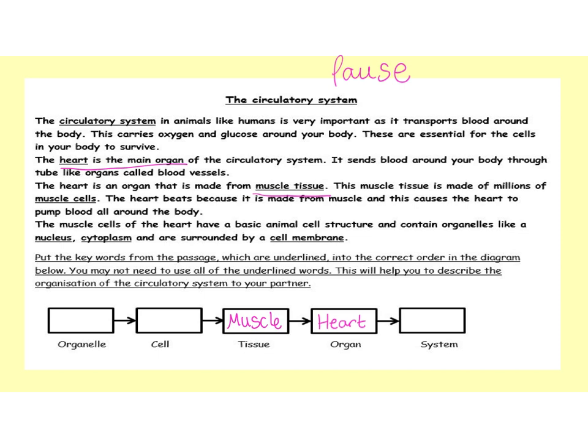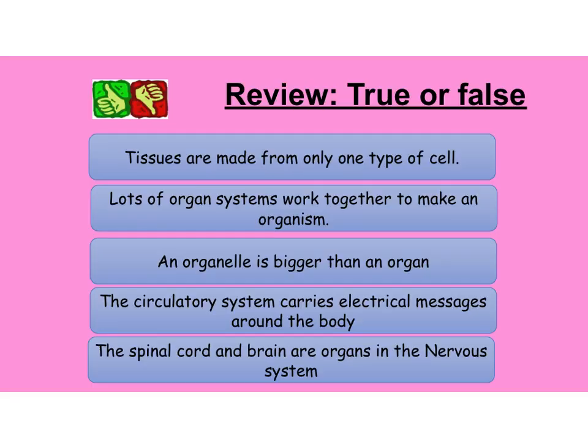Millions of muscle cells. And they're made from all them nucleus, cytoplasm, cell membrane. So I'll pick cytoplasm this time. Wrong way around there. Plasm, L before A. And then the system is the circulatory system.